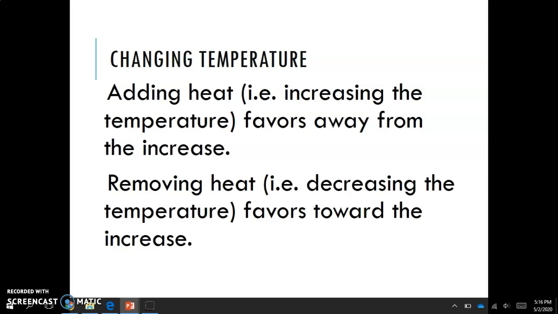Your body's job is to maintain homeostasis, maintain equilibrium. So while your body temperature is rising, you're adding heat, your body is going to produce sweat in order to oppose that change, to bring your temperature back down. So it's going to shift in the opposite direction. Same thing if you remove heat. If you're going out and it's cold and you don't have a jacket on, you start to shiver, right?